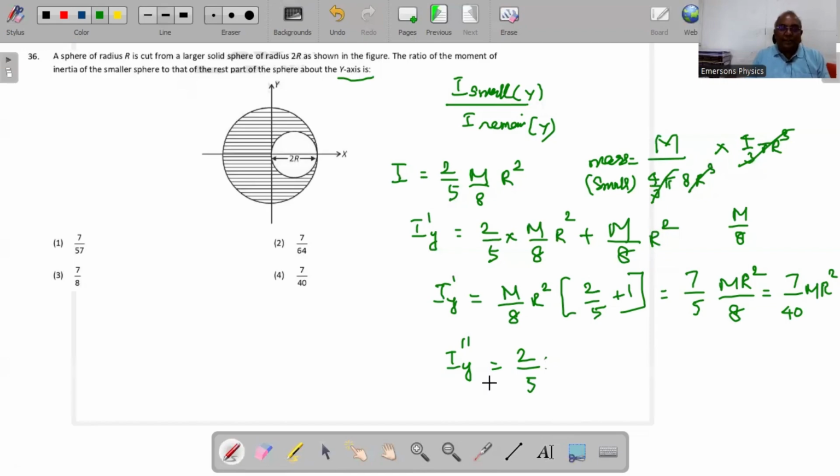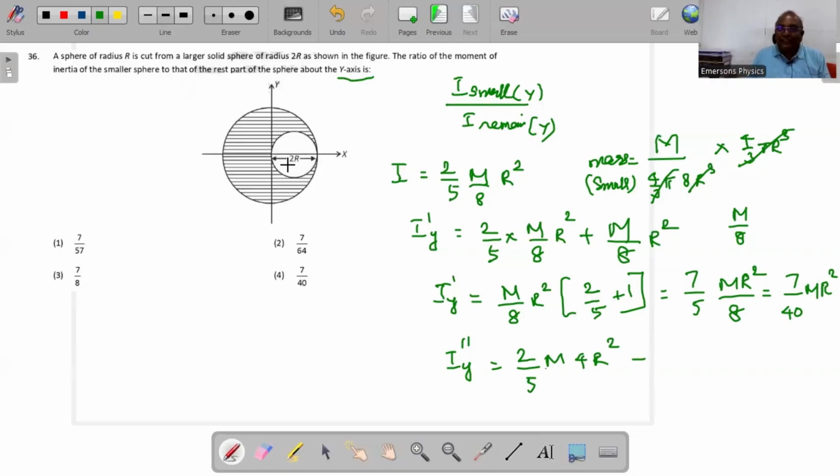I y double dash is the moment of inertia after removing this portion, so how do we write it? First, the moment of inertia of the whole sphere, where r is 2r, the whole squared, 4r². Minus, which part should be removed?